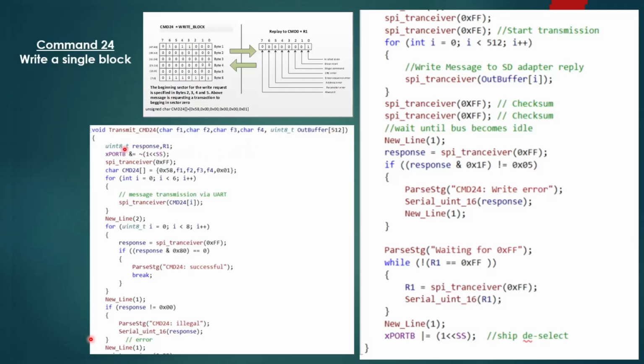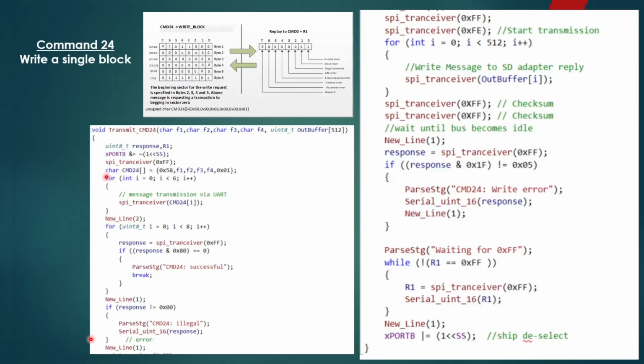So we select the chip SDHC. Then we send this SPI dummy message because it's what makes things work smooth. Then we send the command 24, which is going to be the 58, then the locations of the sector that we want to write, and then a dummy checksum.